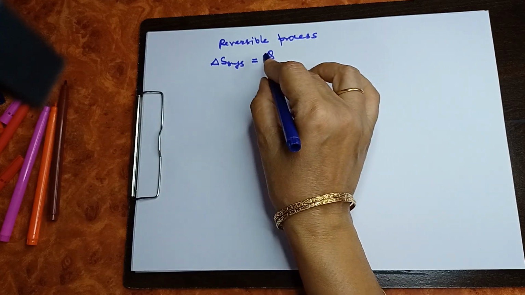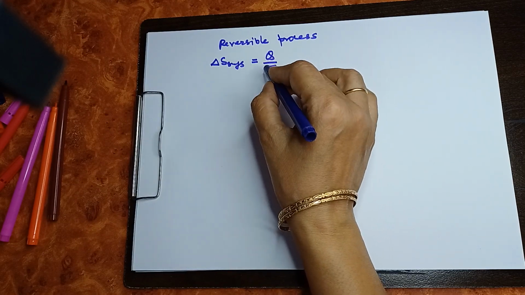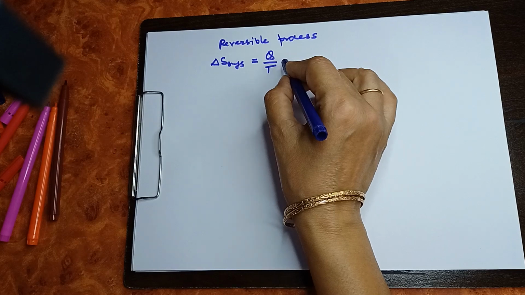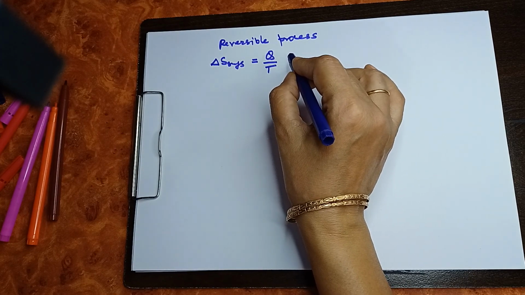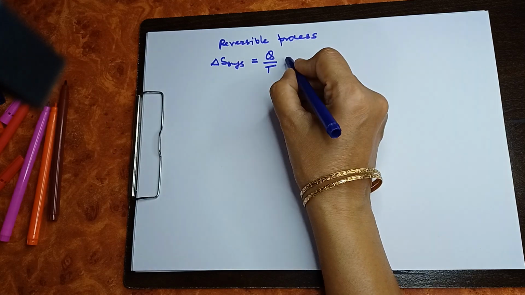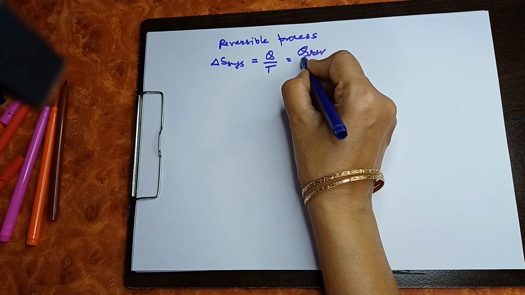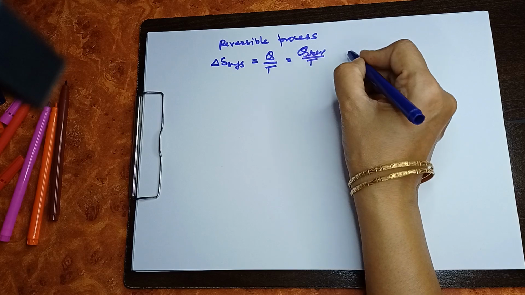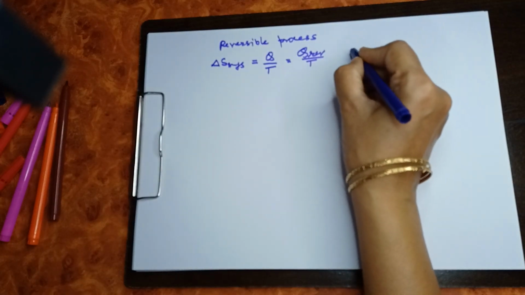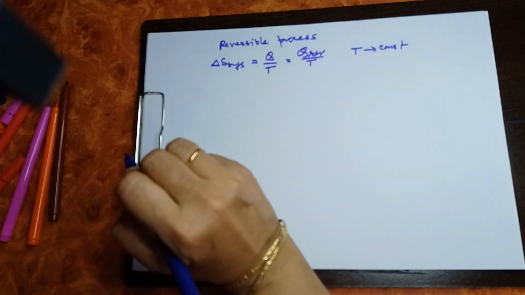In my earlier videos, I have shown you that this formula is derived from the Carnot cycle, where all the steps are reversible. So we can write it as Q reversible by T, and we apply this equation when temperature is constant.